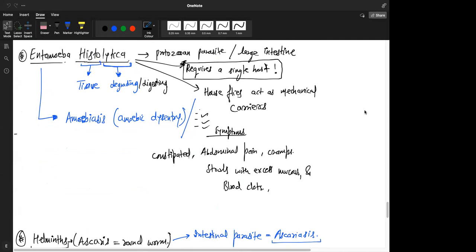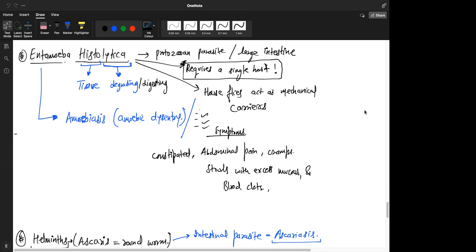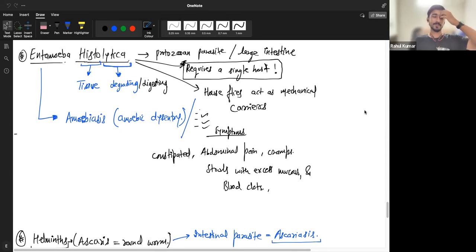Okay, so yesterday we started with Entamoeba histolytica. It is an amoeba which degrades the tissue. I used to call it amoeba because that's exactly how we write it.